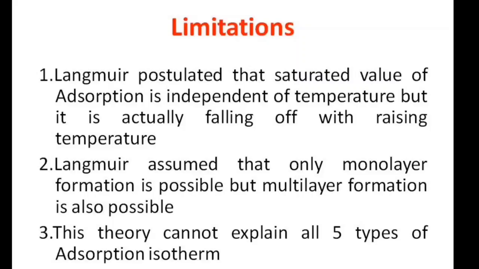But since the saturated value depends on temperature, this is a limitation of the Langmuir adsorption isotherm. Then Langmuir assumed that only monolayer formation is possible, but multilayer formation is also possible. This limitation was overcome by the BET equation that we are going to discuss in the fourth part of adsorption. The last limitation is that this theory cannot explain all 5 types of adsorption isotherm.